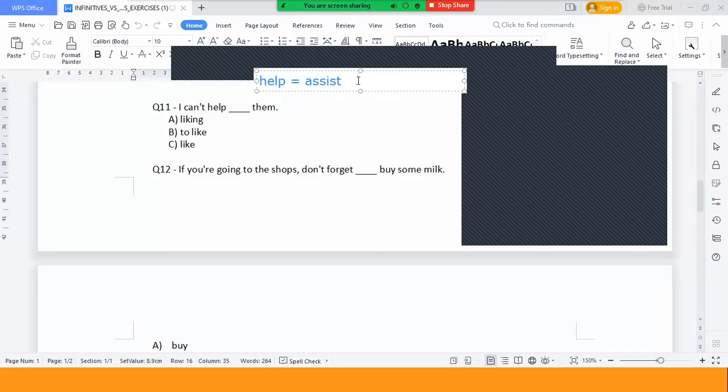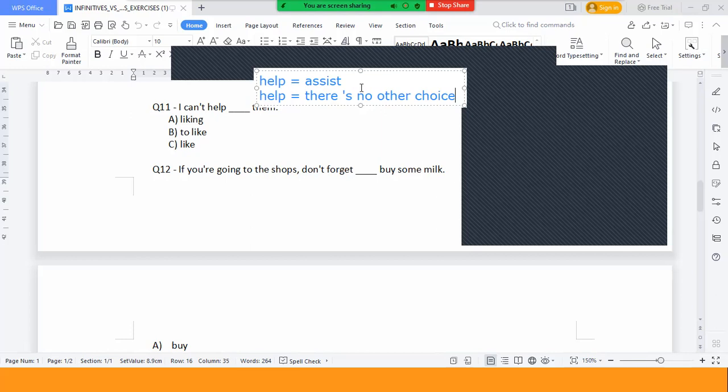But another meaning of help is, I don't know how to say that in English, but there is no other choice, like, no puedo evitar. No lo puedo evitar.